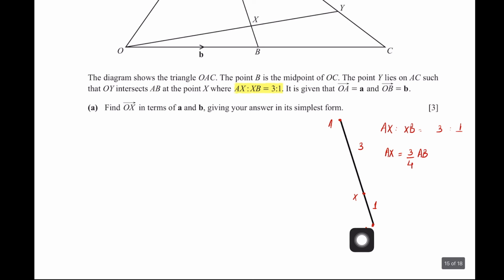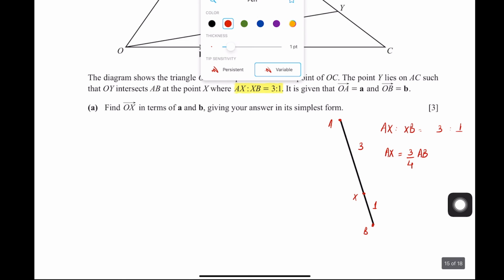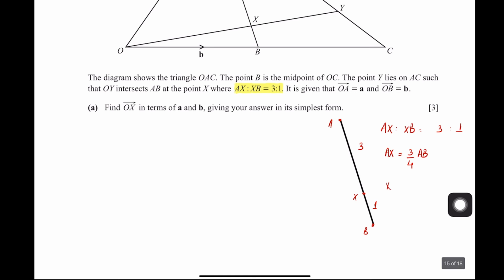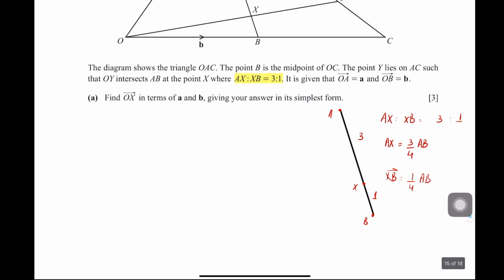That means altogether this line has been divided into 4 parts. AX is taking 3 of the 4 parts of the total, which is AB, and XB is taking 1/4 of the total, which is AB. Figuring this out in the beginning is very important, will save you a lot of time, and will prevent you from getting confused later on.